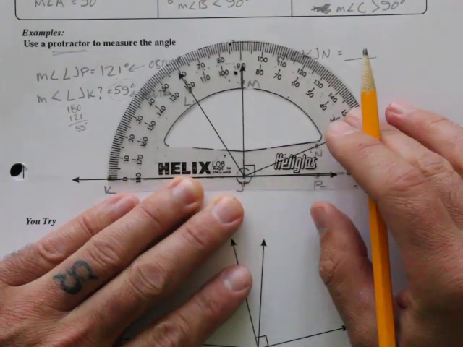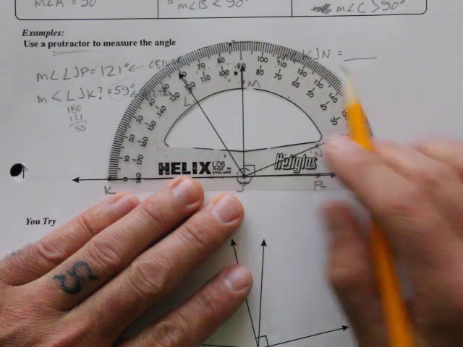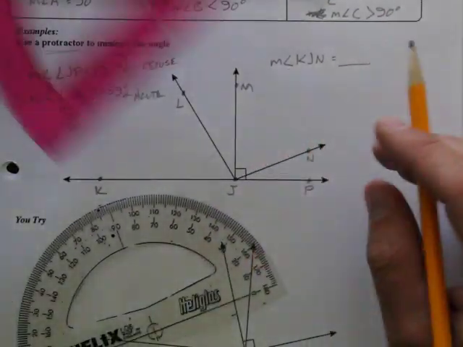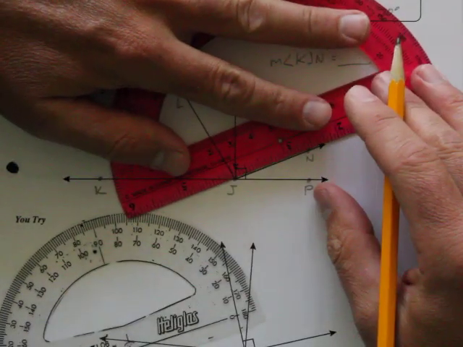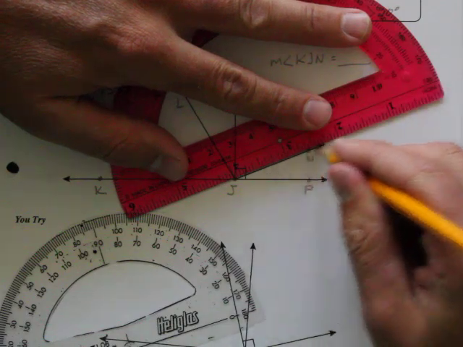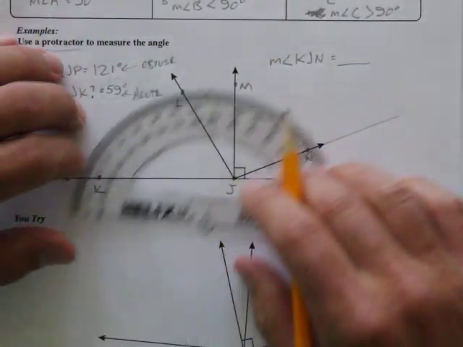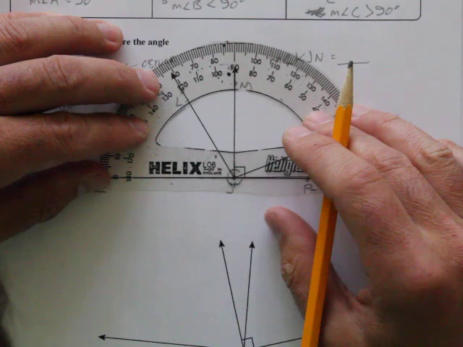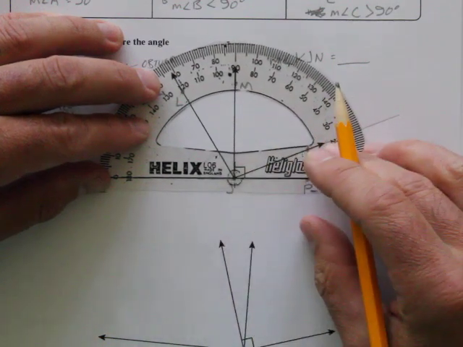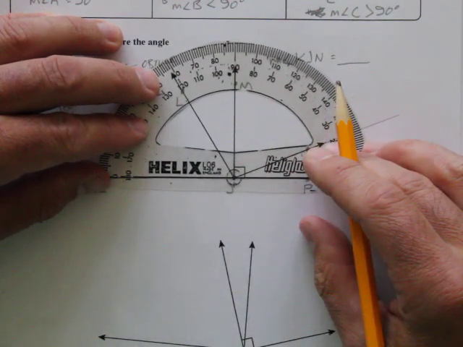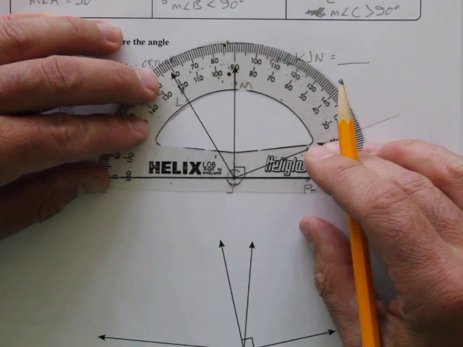KJN is way over here. So this is not extending far enough, so I need to extend this ray out a bit. I'm going to make sure my bottom line here is on that bottom line. There we go.